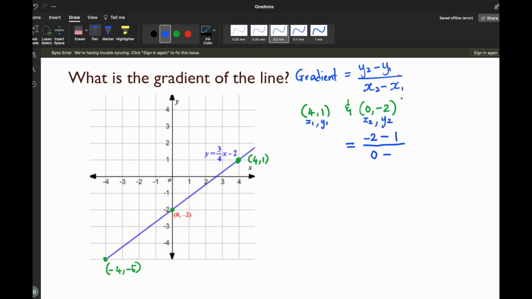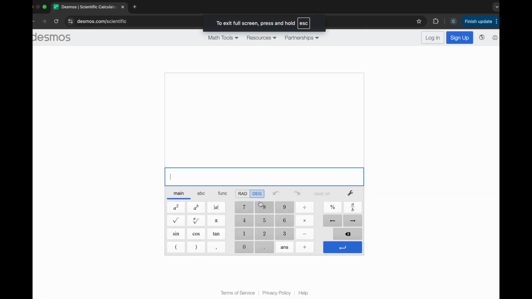What is x1? 4. Lovely. So that means minus 2 minus 1 would give us negative 3. If you check your calculator, negative 2 minus 1 gives you negative 3.